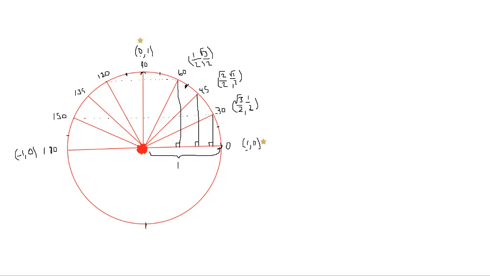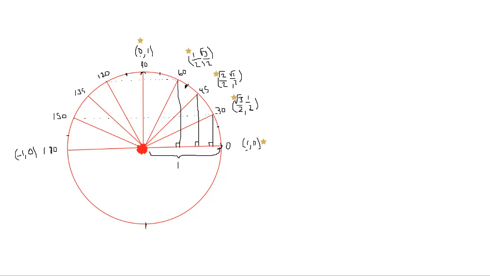So x is getting smaller as we move, but y starts at 0 and ends up at 1. So y is getting larger. So we go from 1 to the square root of 3 over 2 for x, square root of 2 over 2 for x, square root of 1, which is just 1 over 2 for x.